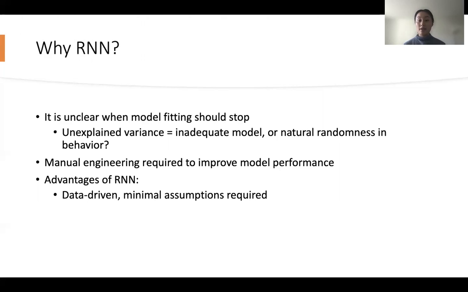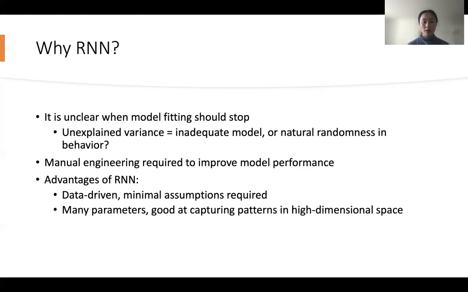It is completely data-driven, which means it requires very little assumption on our end. It also has many parameters built in, so it's good at capturing patterns in high-dimensional space, which we know is what we need in research within precision psychiatry.